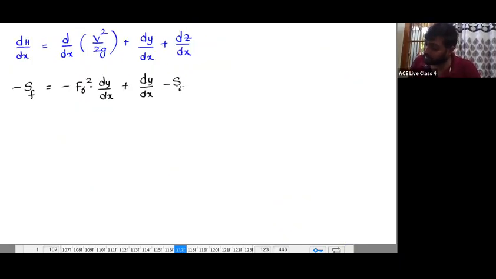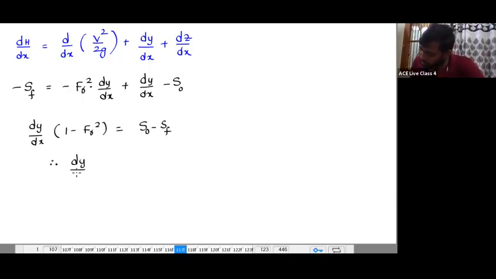Minus S naught. Okay. Now let's send this S naught to the other side and take dy by dx common. So dy by dx into 1 minus Fr square is nothing but S naught minus Sf. And now what is final dy by dx? dy by dx is going to be S naught minus Sf by 1 minus Fr square.